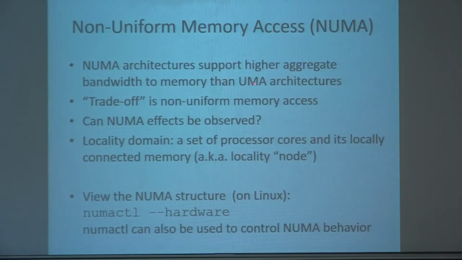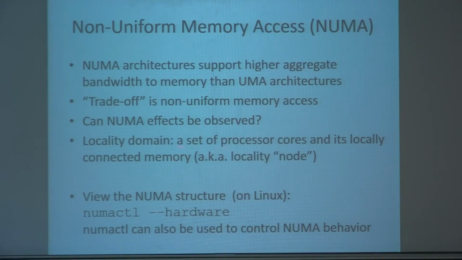So you can see that you can get really high memory bandwidth, and the trade-off here is that you have non-uniform memory access. Okay, so you have to live with the possibility of non-uniform memory access. And you can observe these NUMA effects by writing programs in which you access memory somewhere else, in a farther memory domain versus a nearby memory domain.